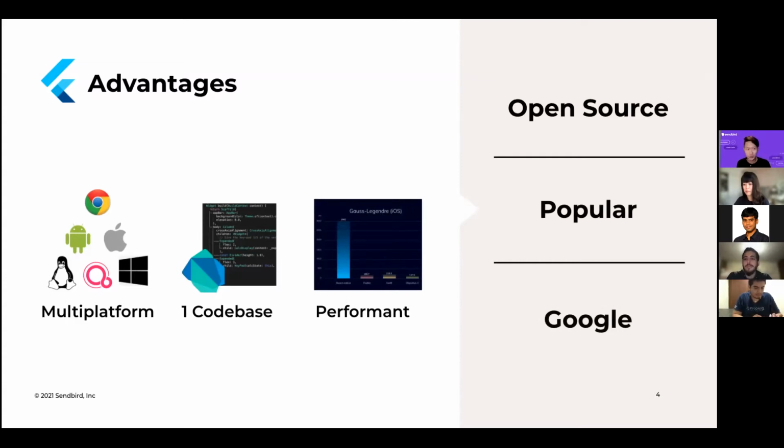According to Google and Stack Overflow, it's increasing in popularity. A lot of people are jumping onto it. And of course, it is backed by Google. So even though it is open source, Google has a large team and a lot of funding, and they continue to really promote Flutter. If you watched Google I/O this year, they had a big Flutter 2 announcement, finally made web an official channel option versus just kind of experimental. So okay, that's Flutter in a nutshell.